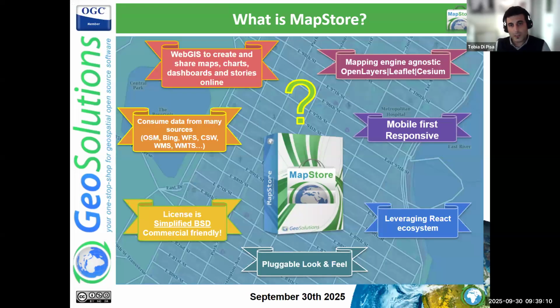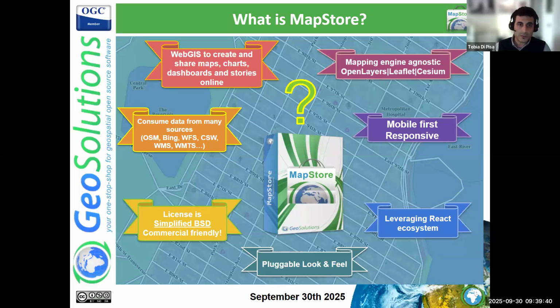So MapStore, most of you probably already know, is a WebGIS application. It is licensed under the simplified BSD license. Its main purpose is to provide tools to create, manage, and share various kinds of resources, such as maps, stories, geostories, and dashboards online.